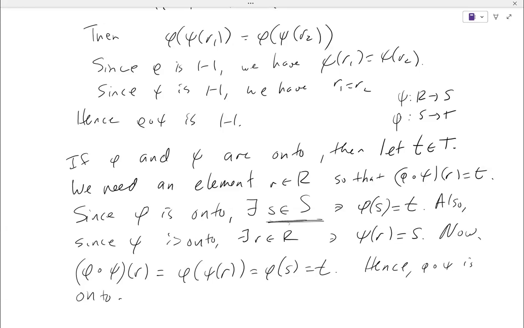Say I had this function, and I wanted to show that it was onto. This is going from the reals to the reals, or even the rationals to the rationals, doesn't matter. Basically I want to solve f of x equals y. I need to find out what I need to plug in to get out y.